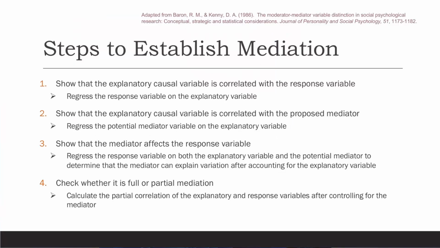So these are the 4 classical steps to look for mediation. And again, I'll remind you, there is much more that we do nowadays, but this is for the purpose of understanding what mediation is all about. And so those are the steps that I take in this video series.